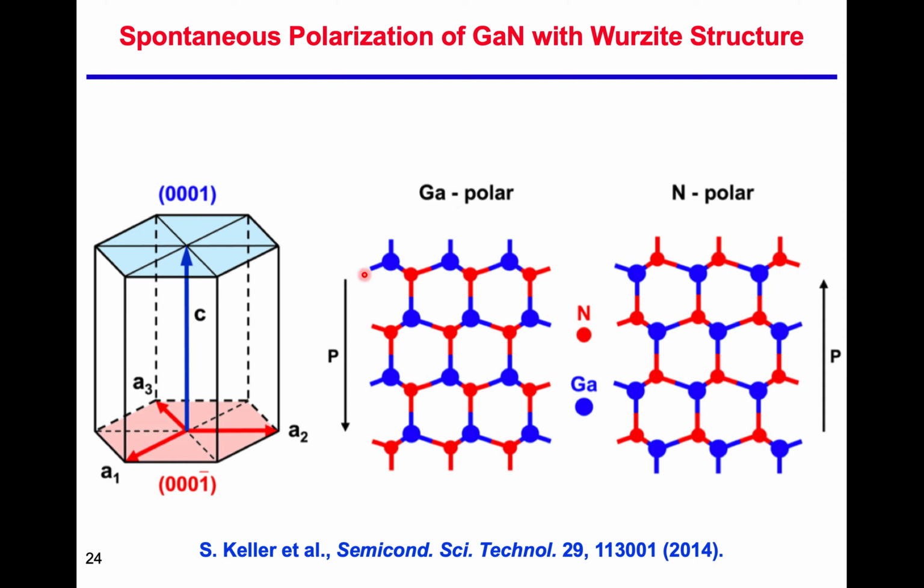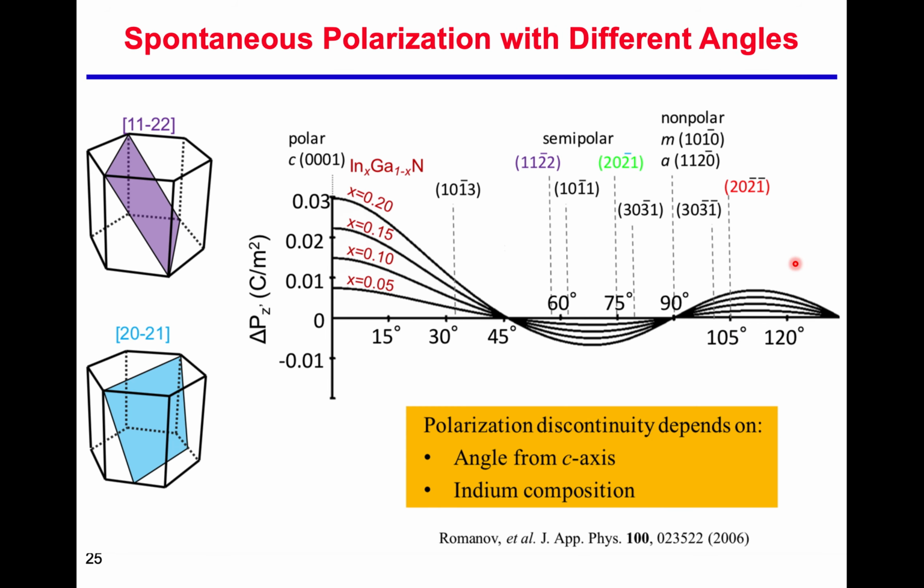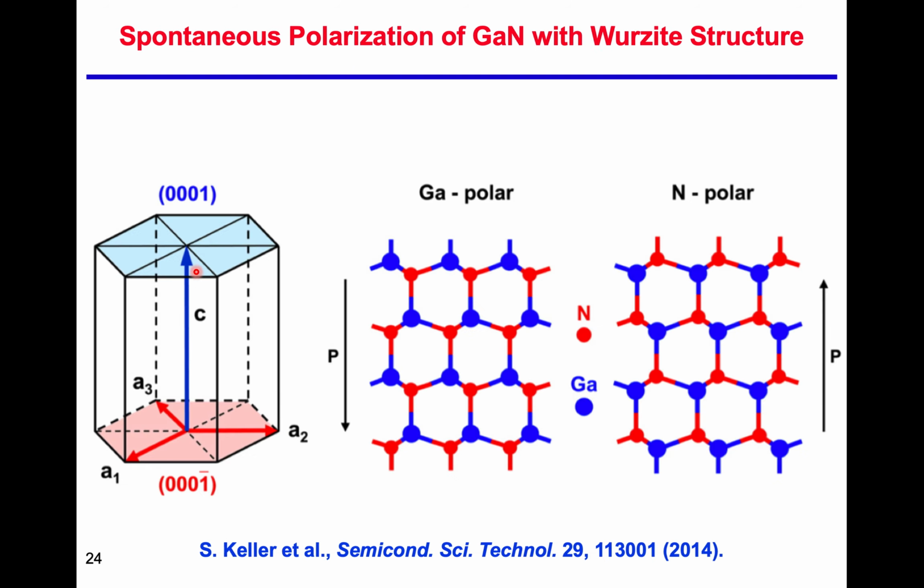So they will result in different polarization, because the bond between the gallium and nitrogen is an ionic bond. Inside here it is cancelled, but at the surface we can see the gallium and nitrogen give a polarization toward the bottom or toward the top. And we found that we don't have to grow from this direction.